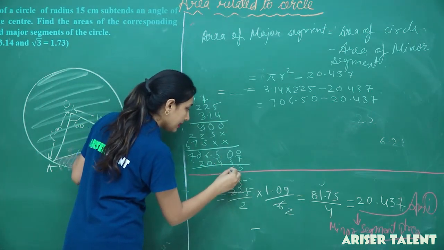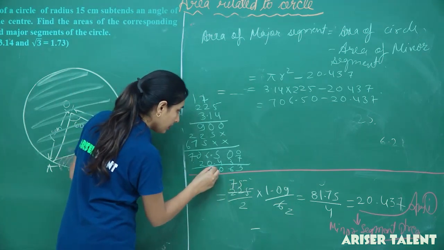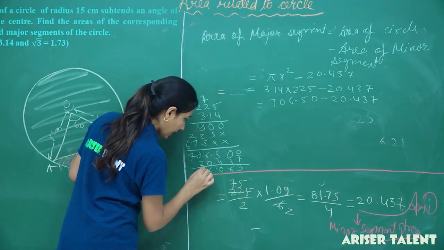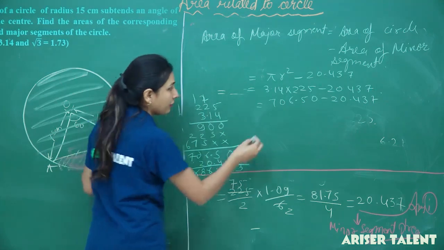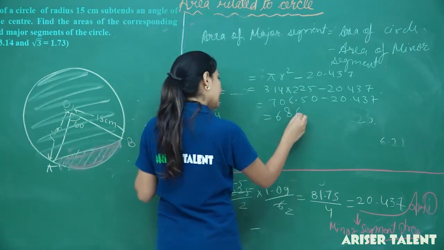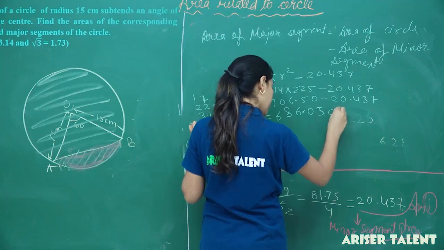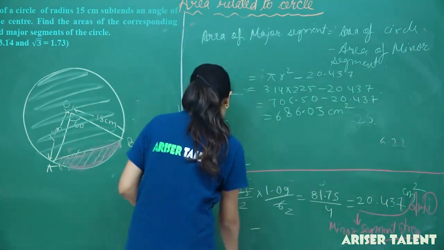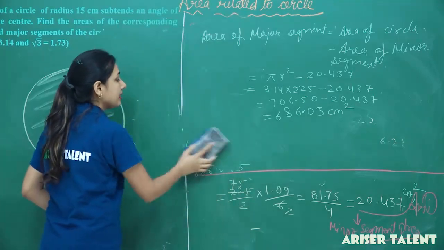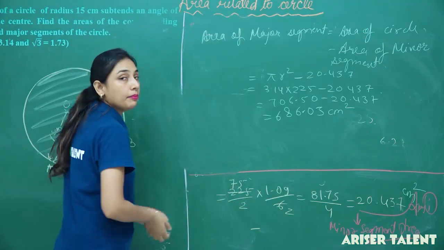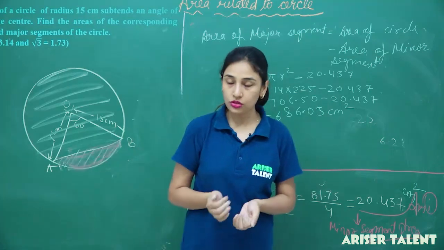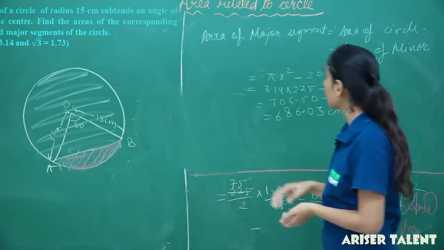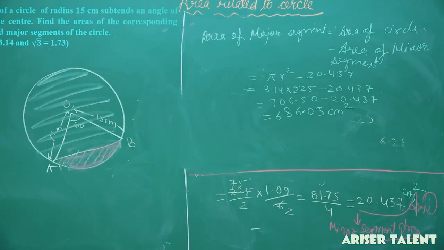That will be 686.03 centimeter square. So this will be your minor segment area and major segment area. Okay, students, so note this question so we can move further.